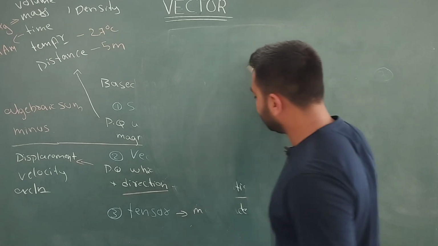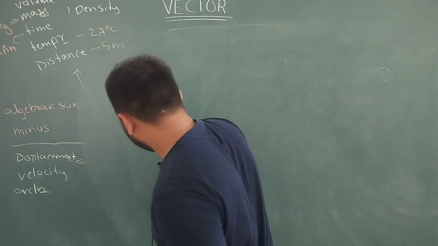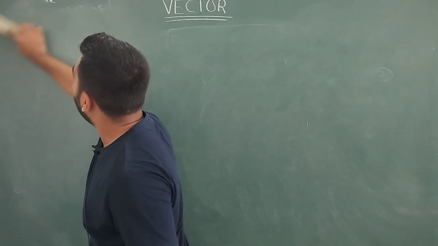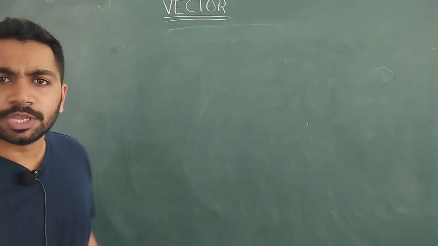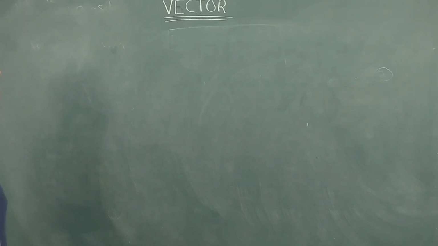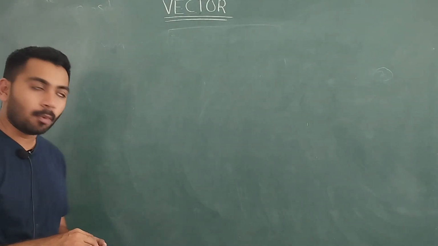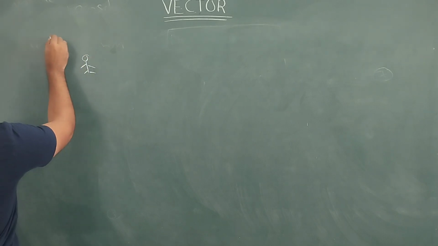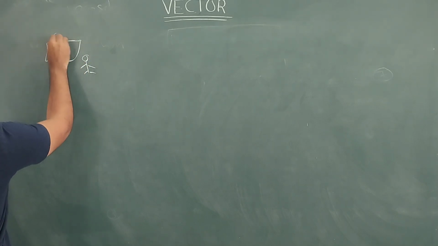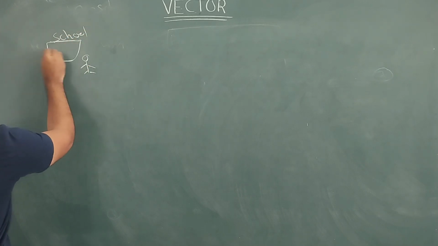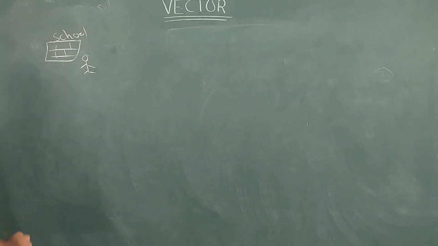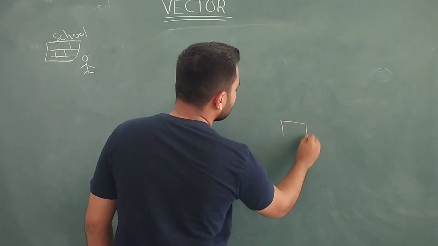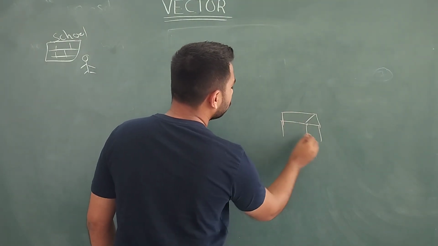Now we will see the difference between scalar and vector. Imagine you are a boy. This is your school, you are standing here in school, and this is your home somewhere.